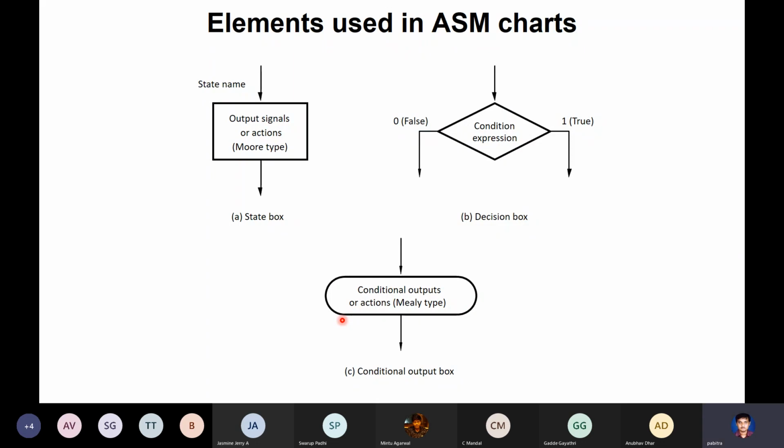Why conditional? Because when you are in a state and a certain type of input comes, then you take certain action or produce certain output. So it's a conditional output box, whereas this is a Mealy type output, and this is a Moore type output.